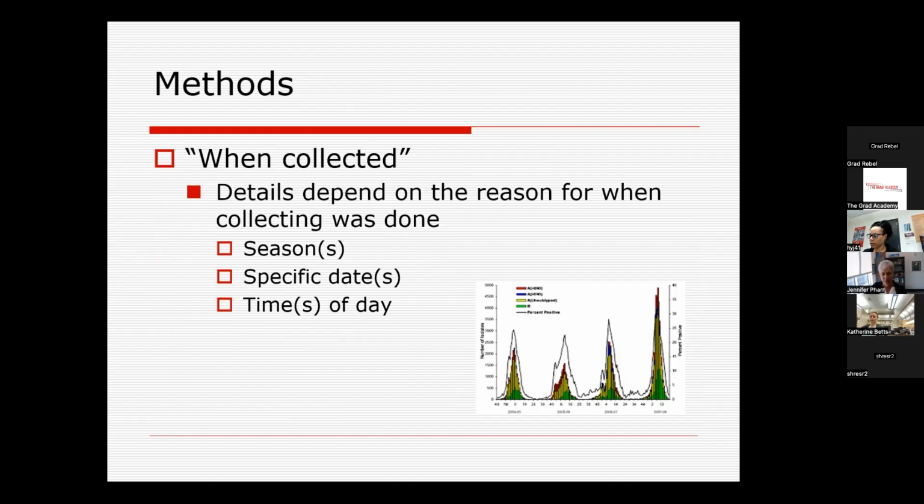Maybe I collect my data at a certain time of day, like in the morning is when something is the highest, so I collected it during the morning. Maybe we have just come through COVID. Maybe we collected data from participants during COVID because we wanted to know how COVID was affecting mental health or exercise or academic performance or whatever, right? So we want to be specific about when we collected our data.